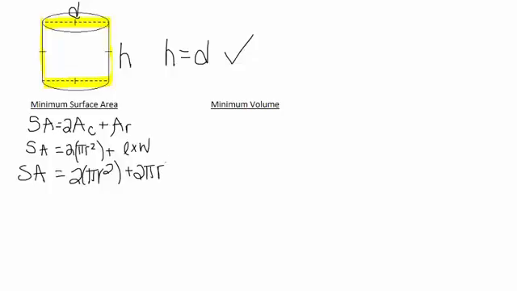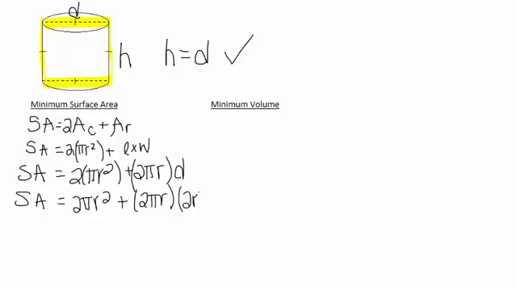And if you don't know where that came from, just go back to the unit that we learned the equations for the surface areas of a cylinder. And finally, this width is actually equal to the height, which we know is actually equal to the diameter. The final thing we need to put in is we know that diameter is equal to 2r.